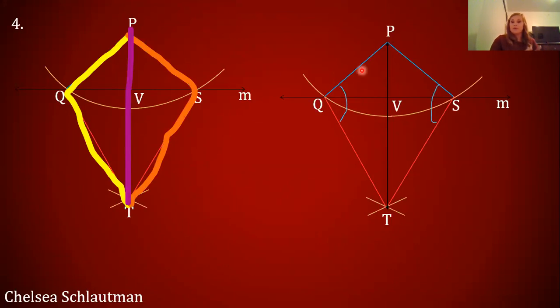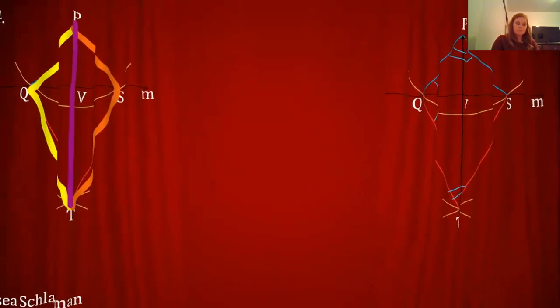If we were to flip it over that line of symmetry, it would be the exact same as the angle of S on the SPT. Then we're going to look at angle P on both sides of these triangles. If we were to flip it over that line of symmetry, we would be even with angle T down here. So that's how we know that the angles are congruent to one another.